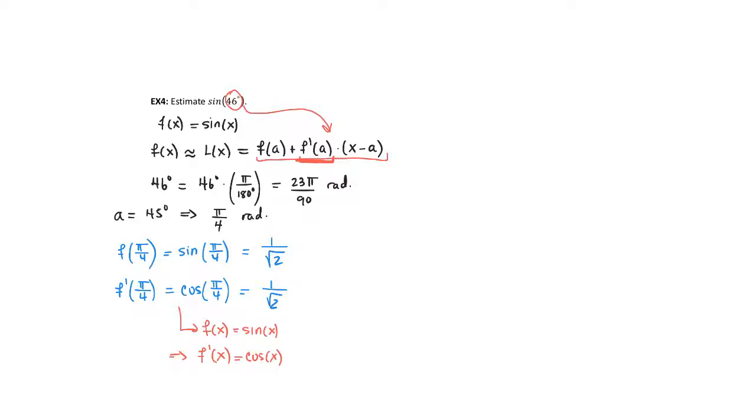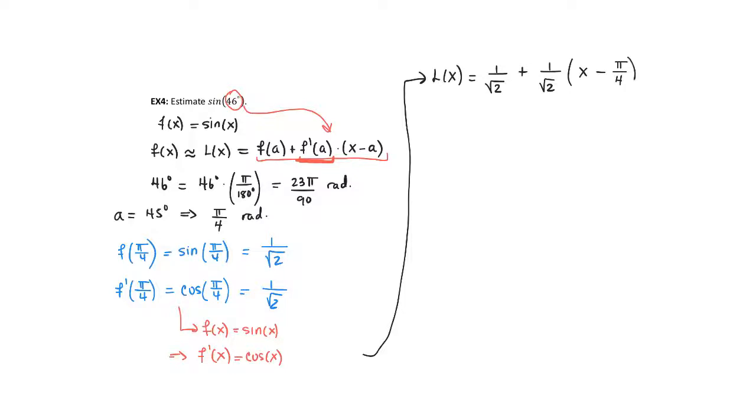All right. With all that in mind, I think that we are ready to create L of x. L of x is going to be equal to f of pi over 4, 1 over the square root of 2, plus f prime of pi over 4, so 1 over the square root of 2, times x minus a, and a is simply pi over 4.